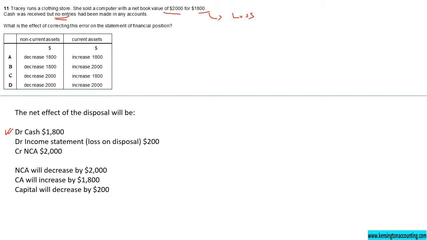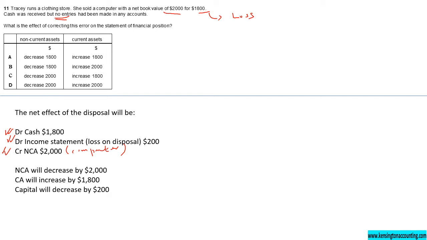Therefore, the computer account will go down by 2,000. And the difference of 200, it is a loss because Tracy made a loss on this disposal. Therefore, the 200 will be a loss on disposal of computer, which will be a debit entry on the income statement.